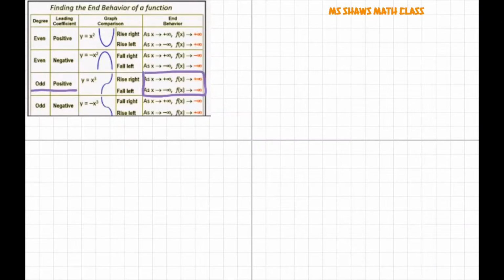Now in our case, our degree is 5, and it looks just like this one right here, except that it's flatter in here. If you ever graph the quintic function, it's flatter and then it's more narrow as it shoots up. But nevertheless, our end behavior is right here.